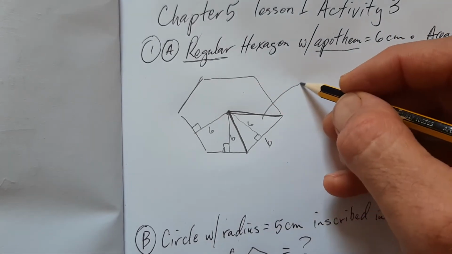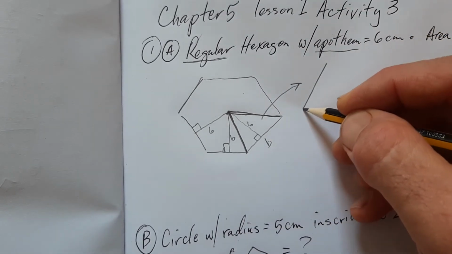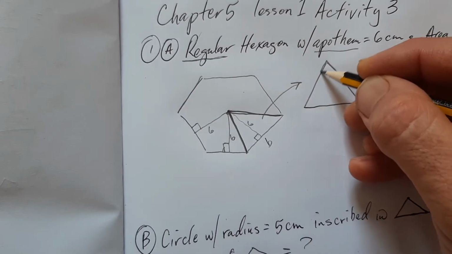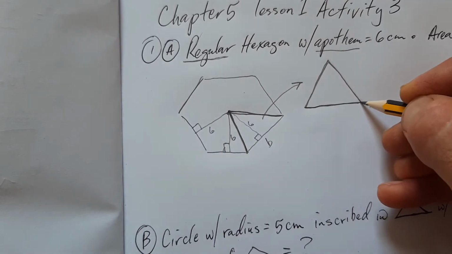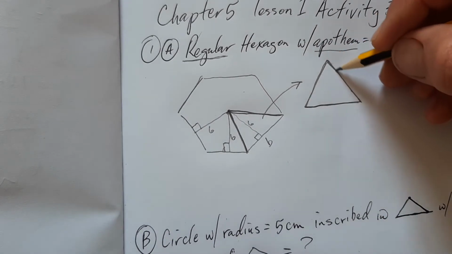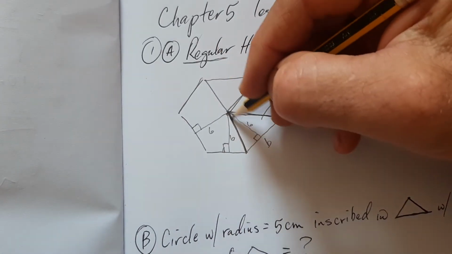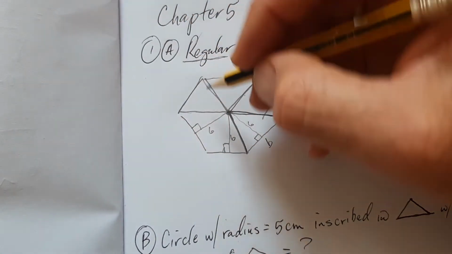So I'll draw this a little bigger. One of these triangles is an equilateral triangle, right? Since it's a regular hexagon, remember that about a regular hexagon. It's an inaccurate drawing, but it gives you the idea.